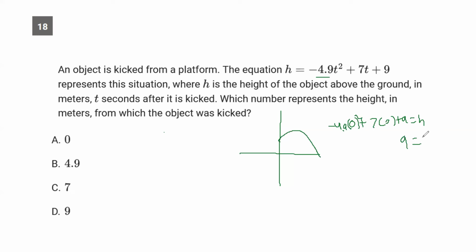So 9 equals h. So that is the height when you kick it, right? So you're kicking it off a ledge or cliff or a step up from the actual ground. And then we'll go to 18.